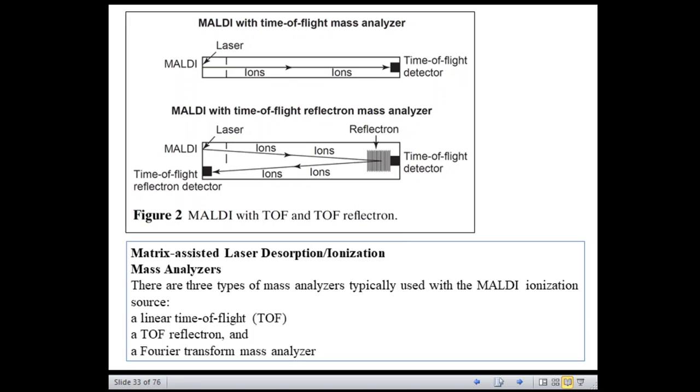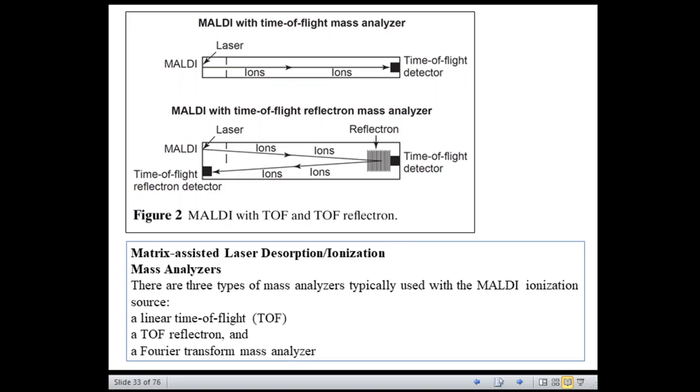Suppose 2 ions have a mass difference of just 2 daltons or 5 daltons. There is a possibility that these 2 ions, with very small differences in their mass and having the same charge, might reach the detector at the same time in case of linear TOF.